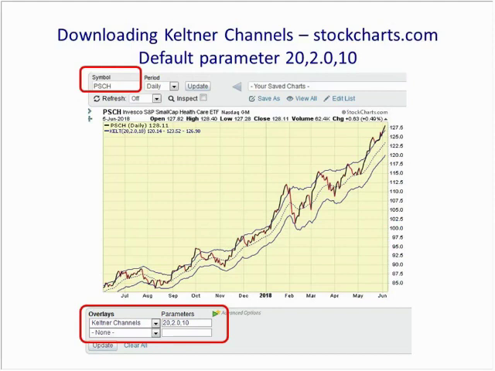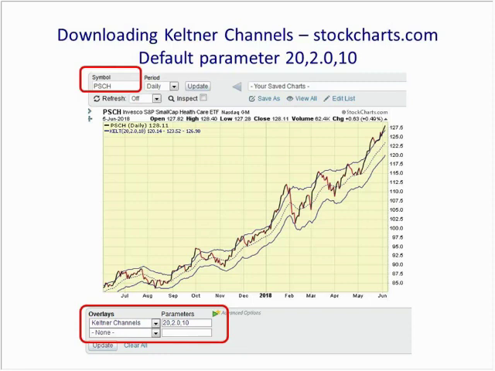It's real easy to download the Keltner channels. You just go to stockcharts.com, you type in the symbol of the ETF and select daily time period, click update, and it'll display the daily price chart for the ETF. And then under overlays, you just go to Keltner channels, and we use the default parameter, which is 20, 2.0, and 10.